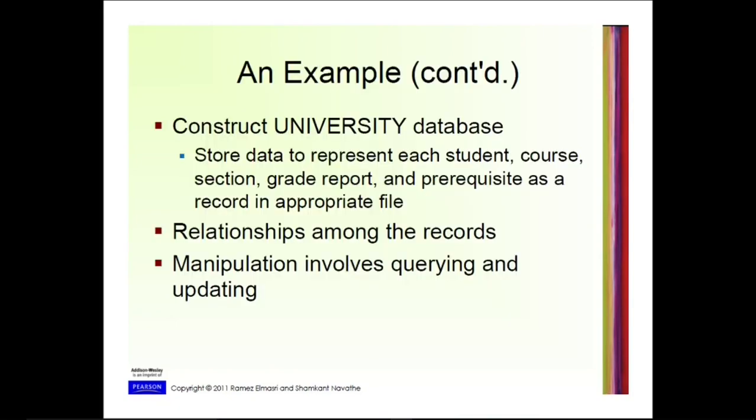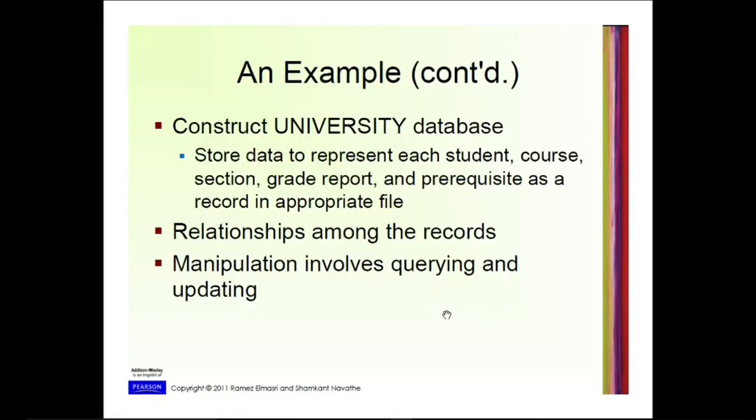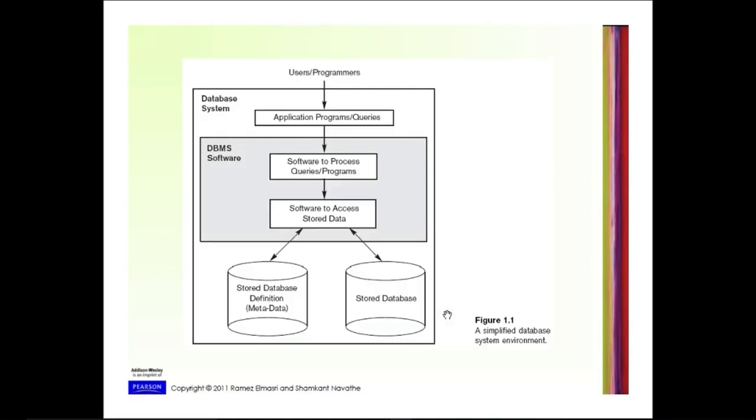Student, course, section, grade report, and then prerequisite. To define the database we must first specify the structure of the record of each file by specifying the different types of data elements. As you have also seen in your lab class, we have to specify different types of data elements to be stored in each record.